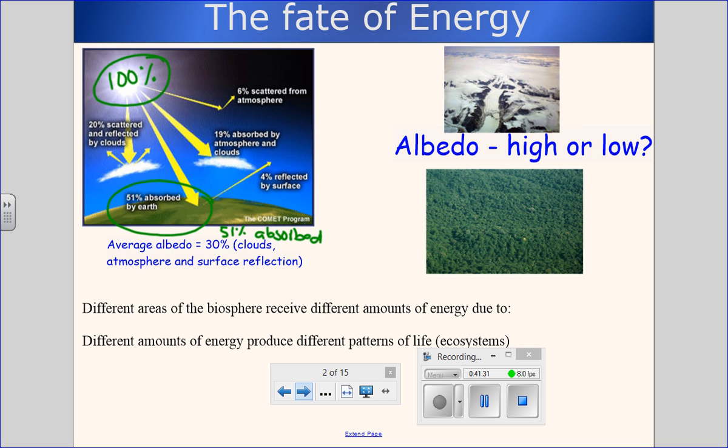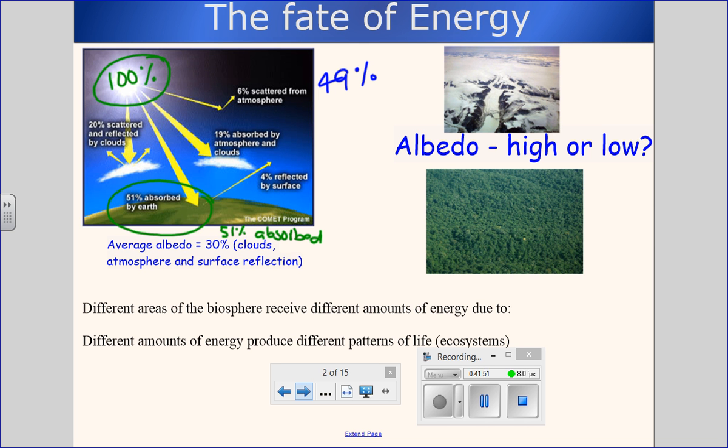That's about half. About half of the sun's energy is absorbed there. That means that if I take all of the rest of this, 49% is not absorbed at the surface.